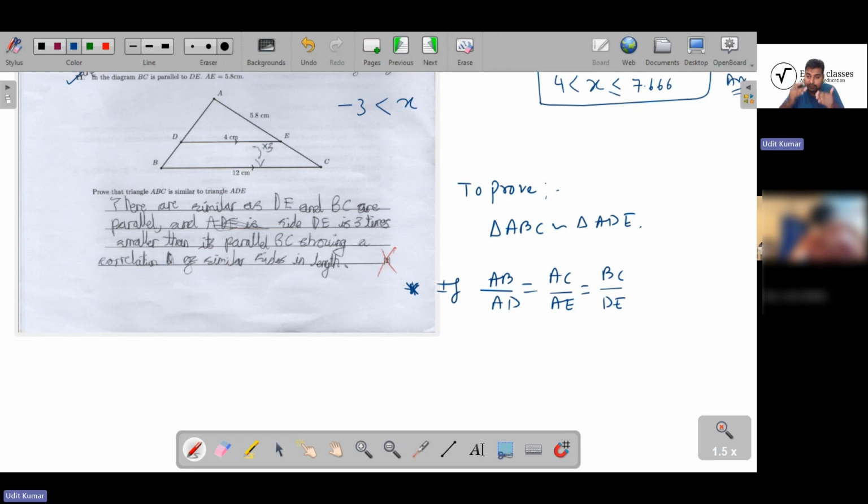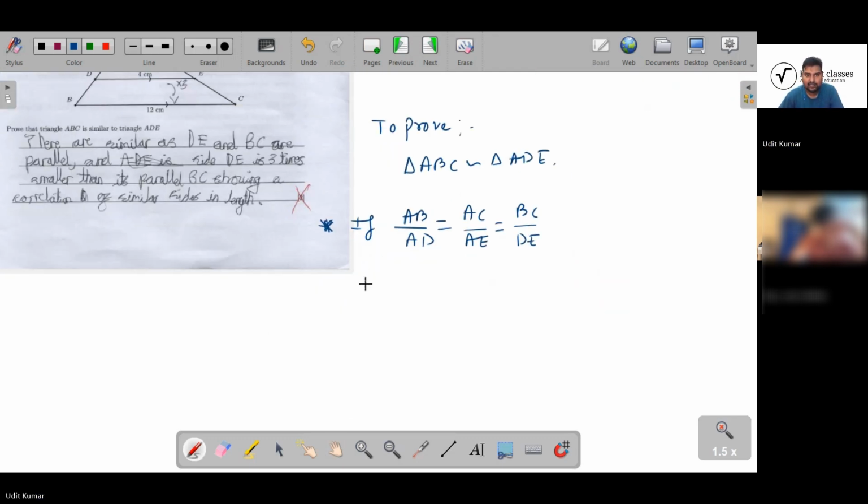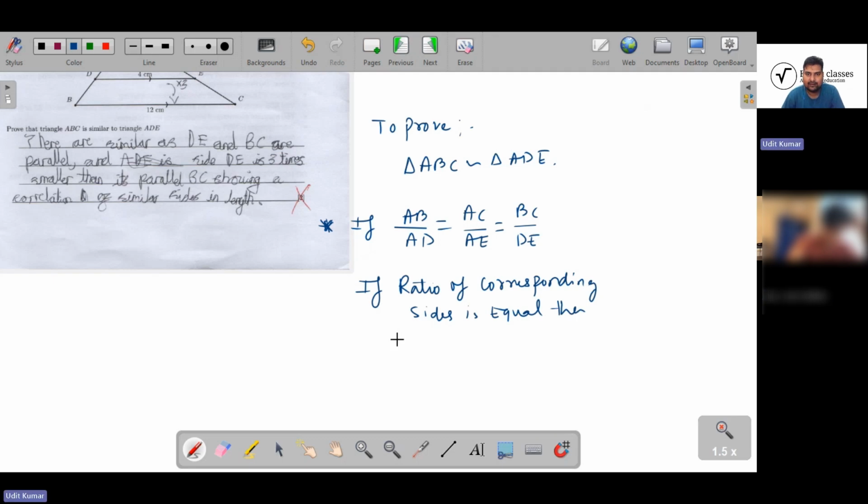Means if the ratio of corresponding sides is equal, then two triangles are similar.